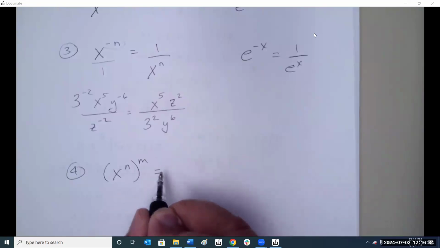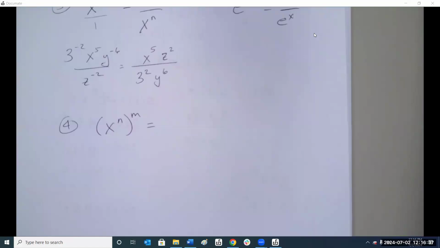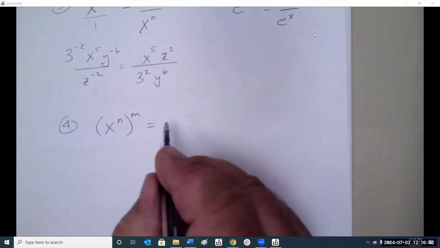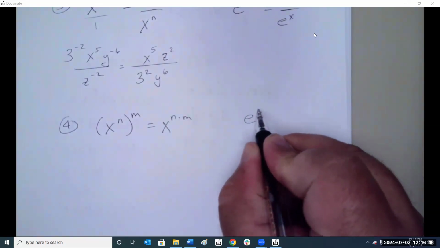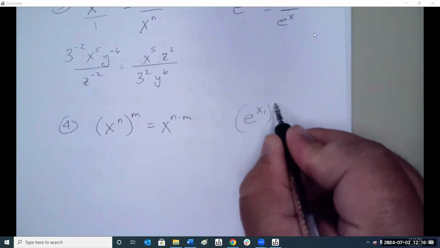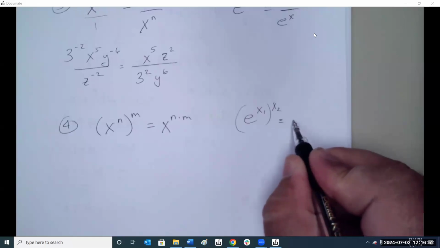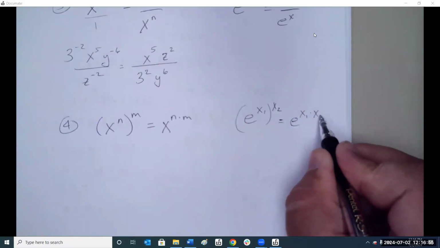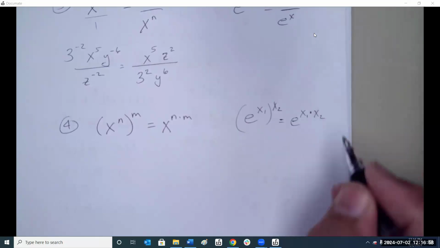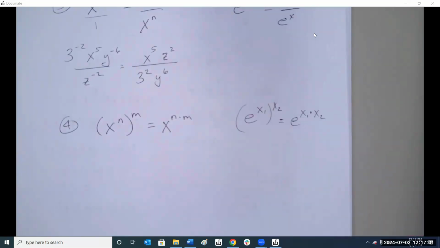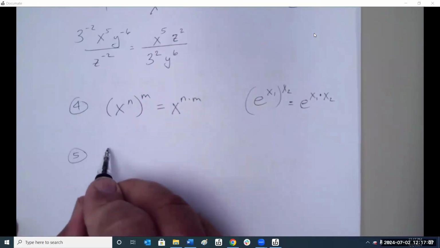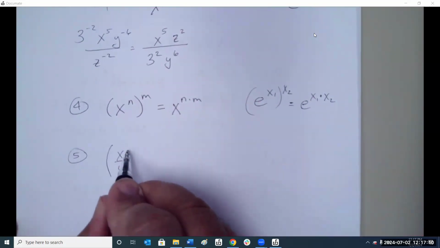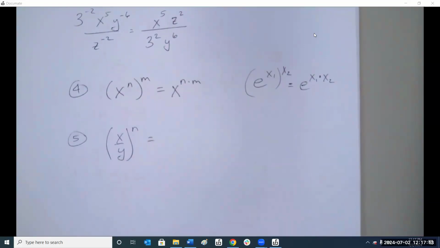Power raised to a power. You do what? Multiply the exponents. Very good. So we do the same thing here. Multiply. If you have a rational expression raised to a power, what do you do?